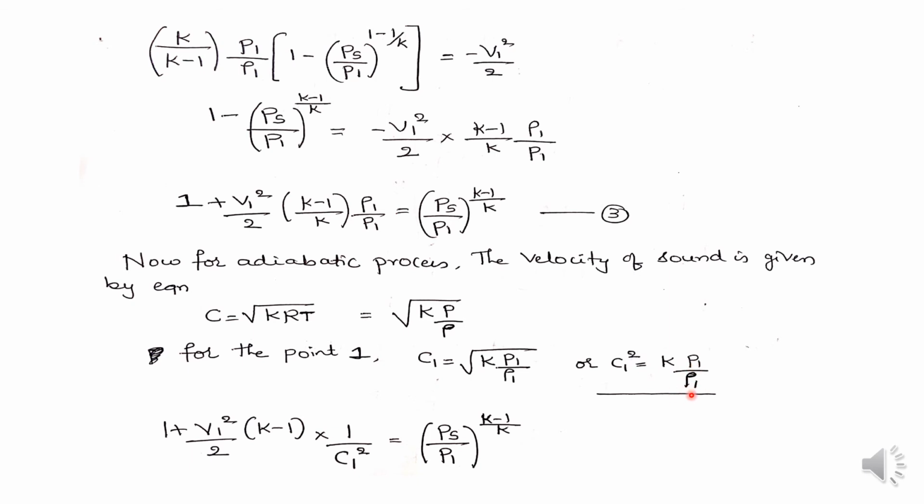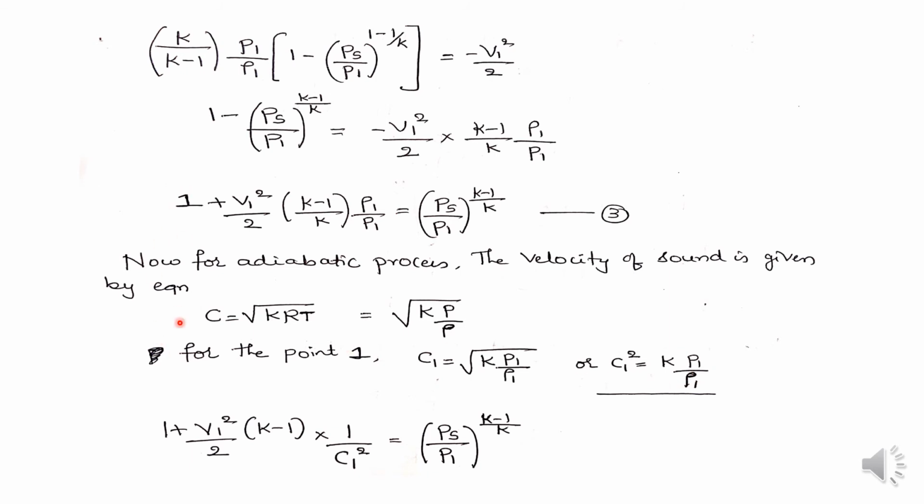Now see here, k into p1 divided by rho 1, but in the equation it is rho 1 divided by k into p1, so I can replace rho 1 divided by k into p1 by 1 divided by c1 square, the reciprocal of this equation.